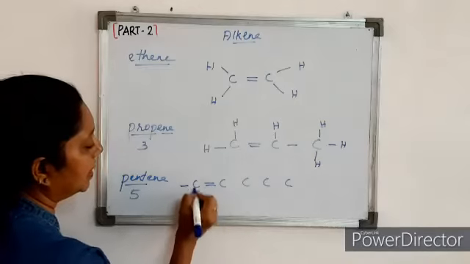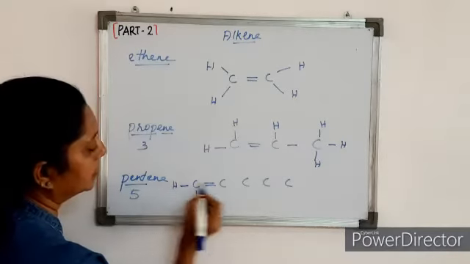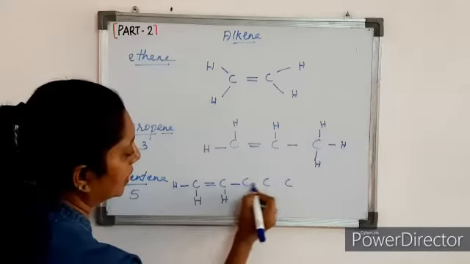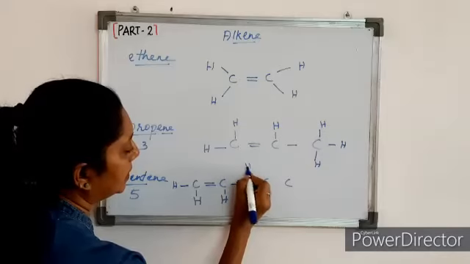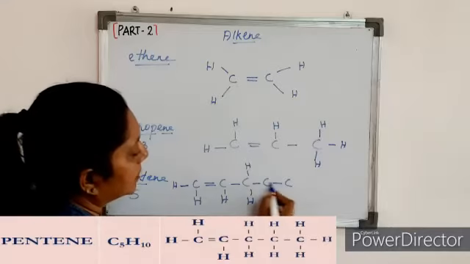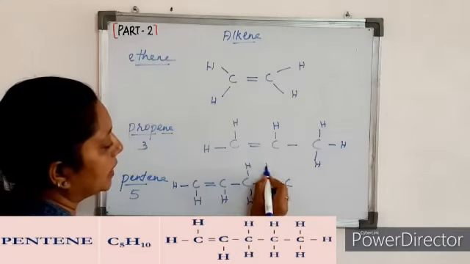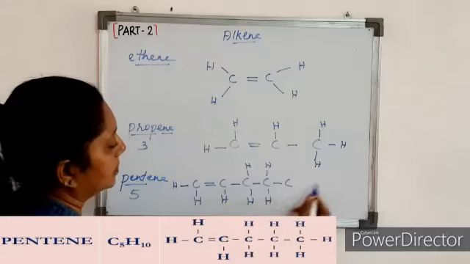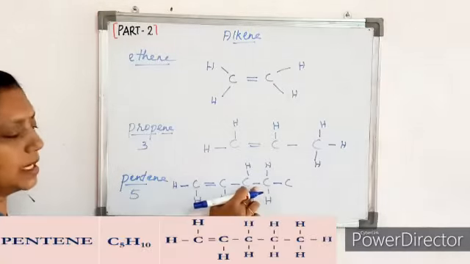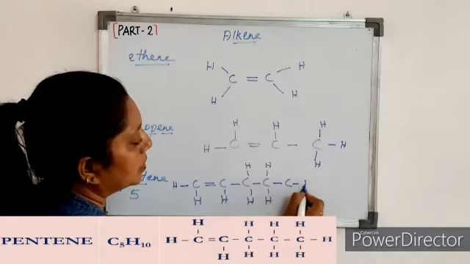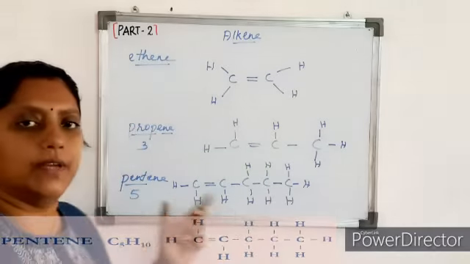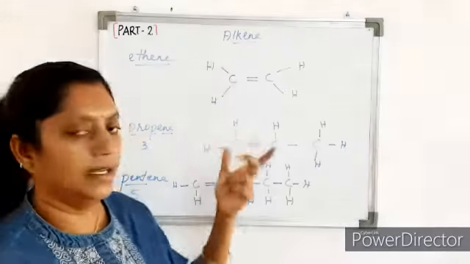Then 1, 2, 3 and 4 for each carbon atom, completing each valency with hydrogen atoms. In this way, we can write the structure for any alkene.